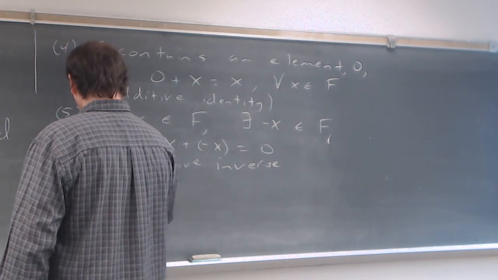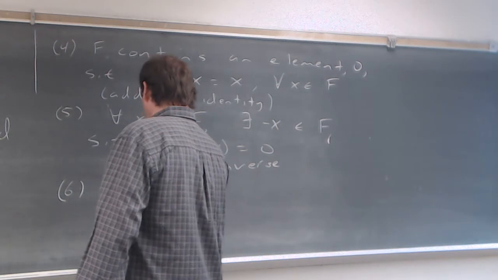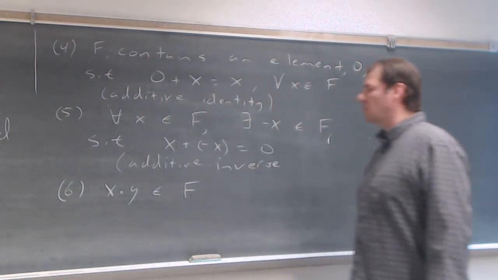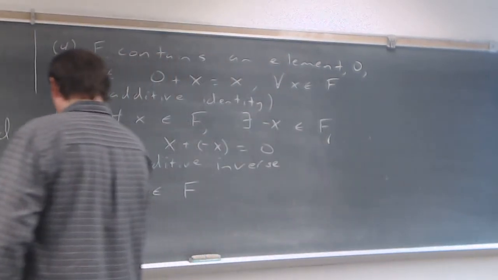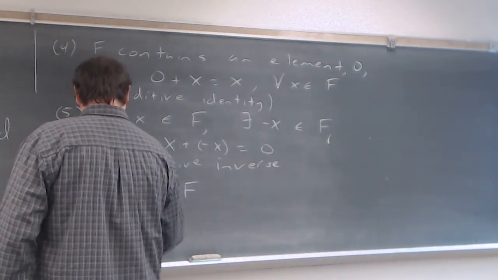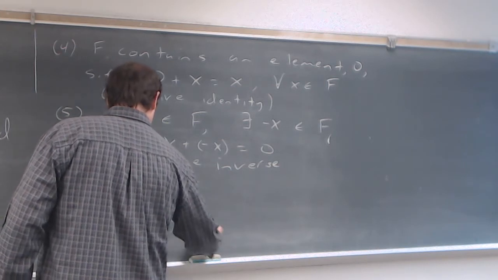The first is that x times y will be an element of the field, meaning that the field is closed under multiplication. Then the commutativity part for multiplication: x times y is equal to y times x.